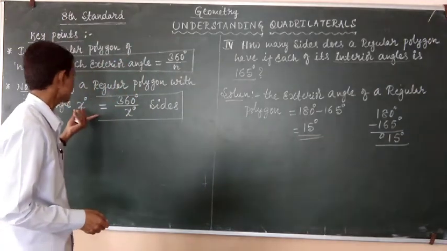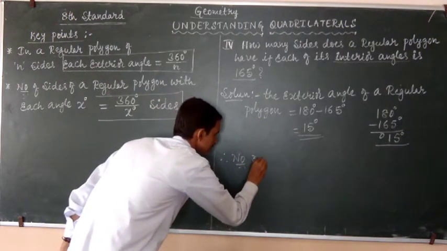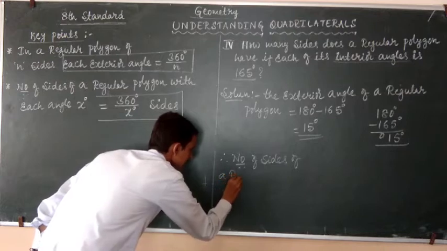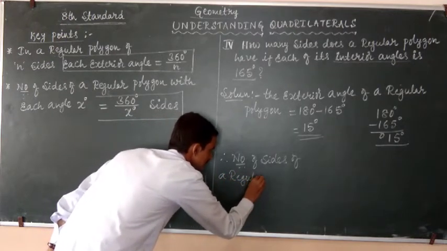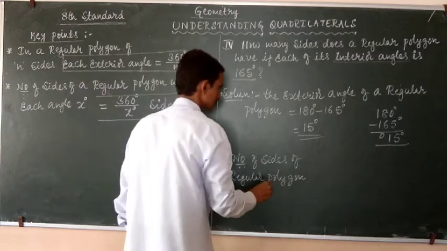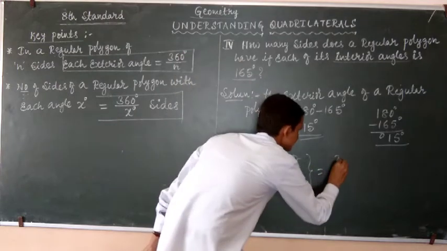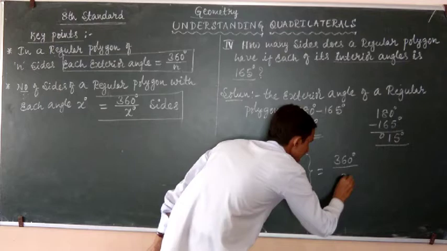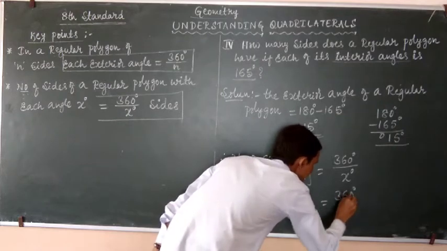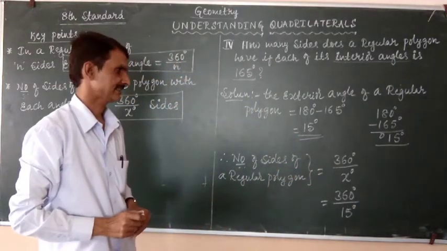Now by using this formula, the number of sides of a regular polygon equals 360 degrees by x degrees, which equals 360 degrees by 15 degrees, since the value of x is 15 degrees.